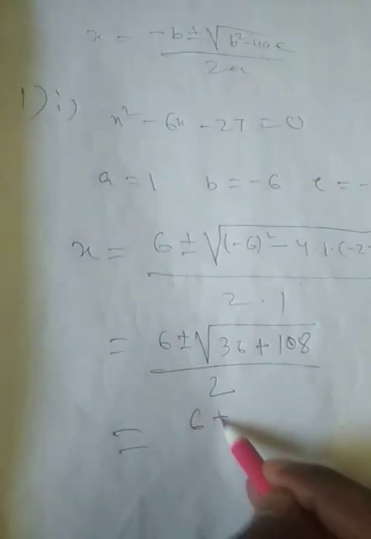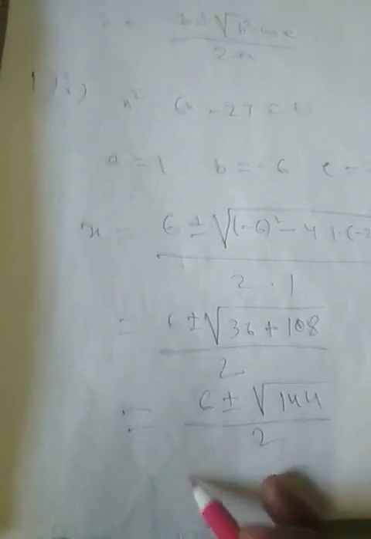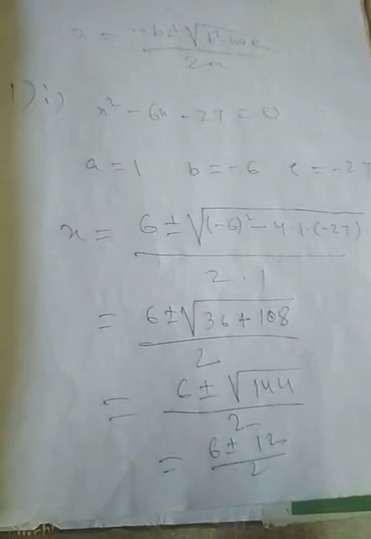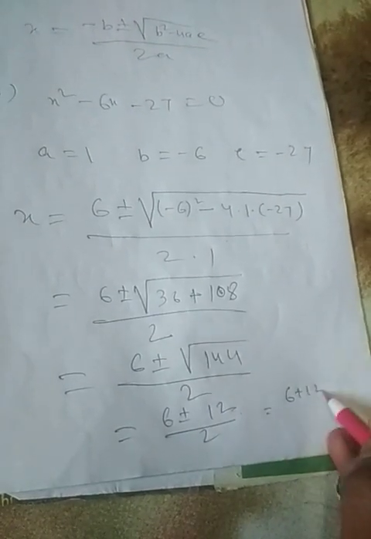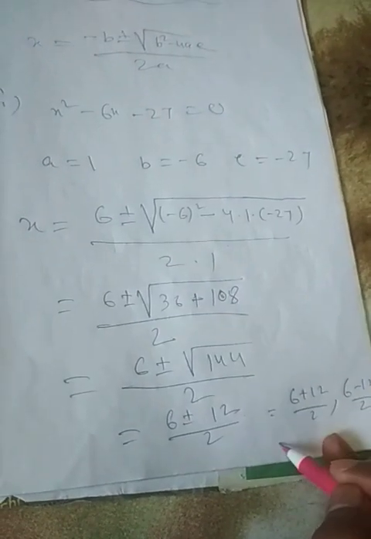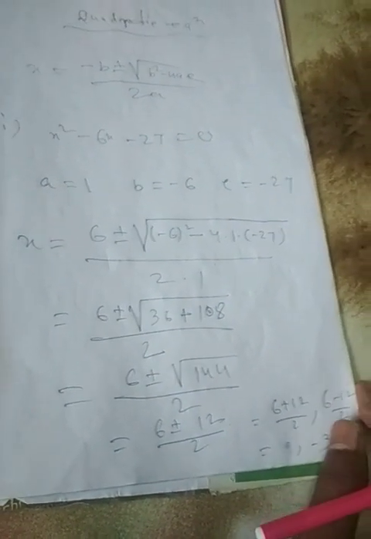So 6 plus or minus root over 144 by 2. That means 6 plus or minus 12 by 2. So I can write the answers as 6 plus 12 by 2 and 6 minus 12 by 2. So that becomes 9, comma, minus 3.